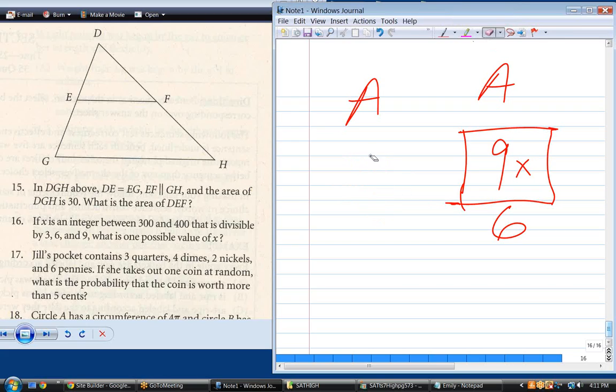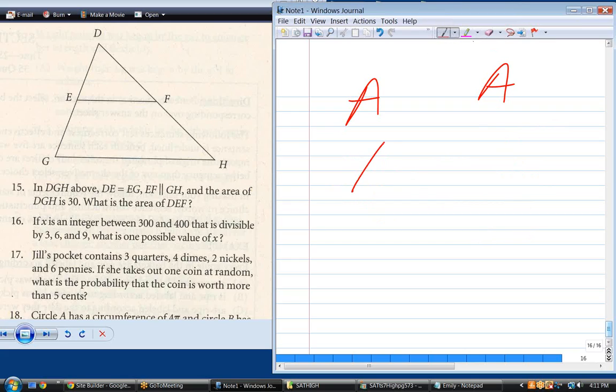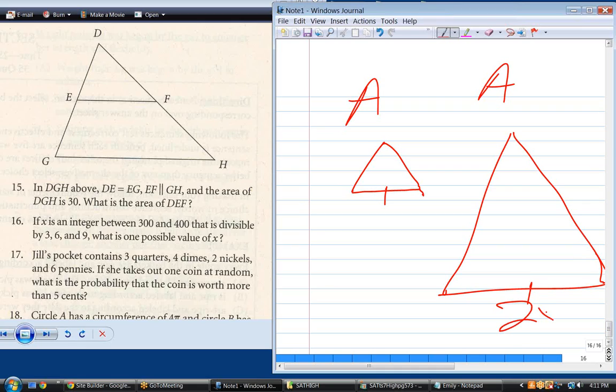Same thing with similar triangles, because you get the area of a triangle by multiplying base times height. What they're saying is this dimension is half of that dimension down there. They're also saying this height is half of that height.